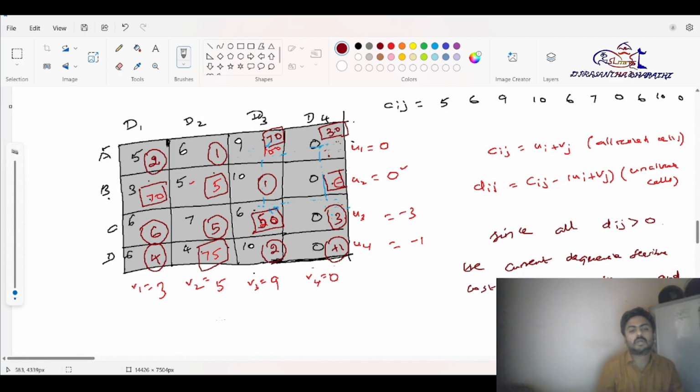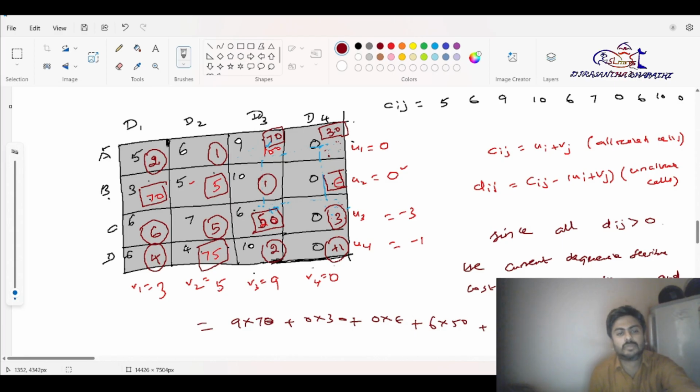The cost we have already found. It is not necessary to write everything. 9 into 70, 0 into 30 plus 0 into epsilon plus 5 into 5, 6 into 50 plus 4 into 75, and the remaining things are 5 into 5. 9 into 70 is completed.